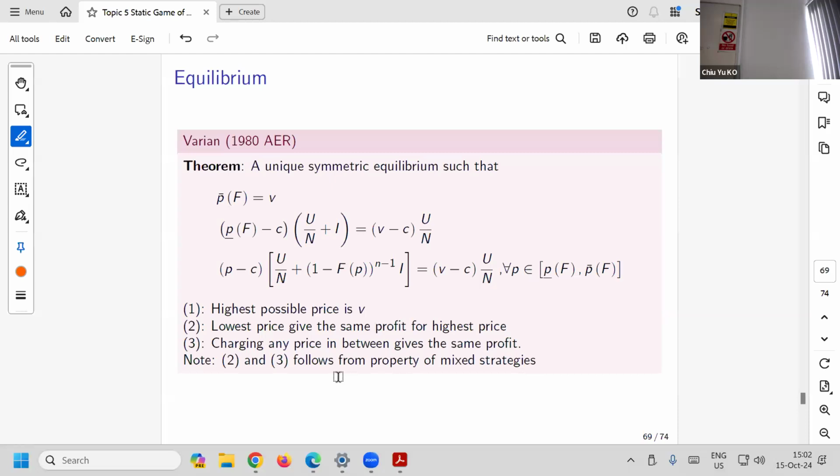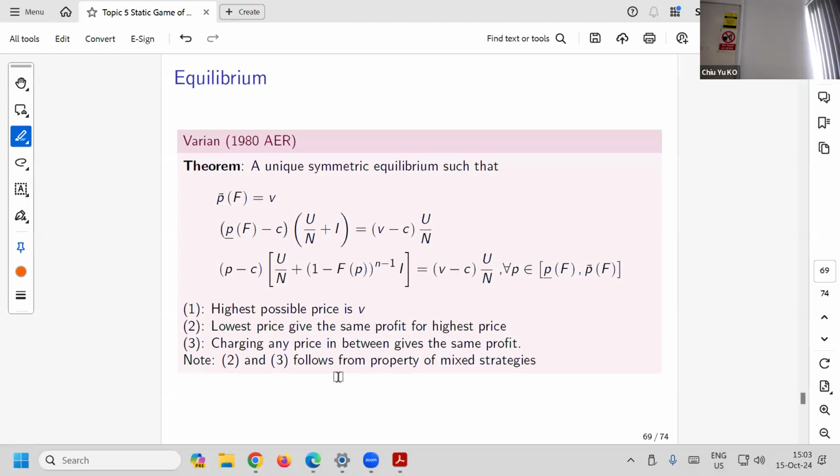So it's just 1 minus F(P) raised to the n minus 1, right? Because it's a joint probability that you're the lowest. For one other firm, it's 1 minus F(P), for two other firms, 1 minus F(P) squared, and so on and so forth. Because you look at the other guy, what's the probability that he charges more than P? 1 minus F(P). You look at all other firms, and if every other firm is charging more than P, then you're the winner. N minus 1 firms. So this is the model.